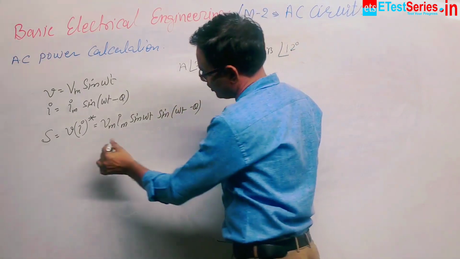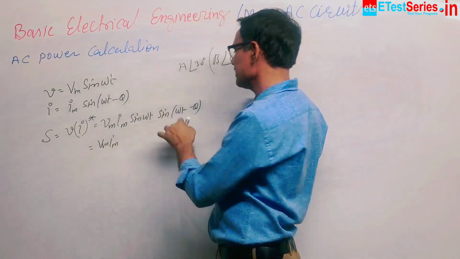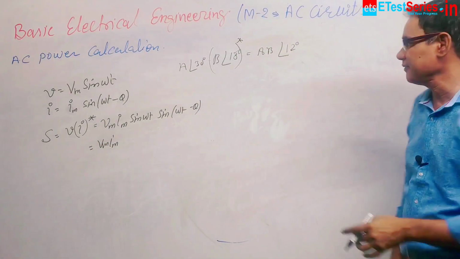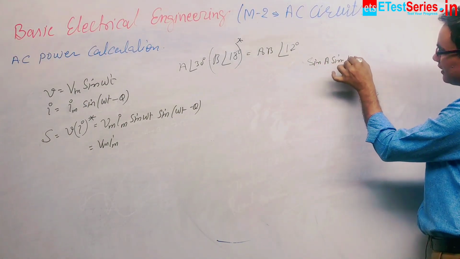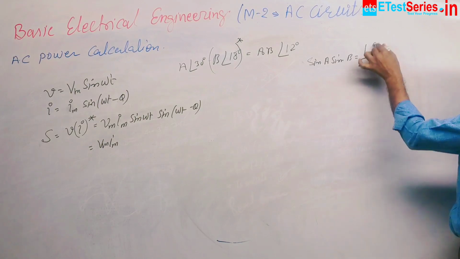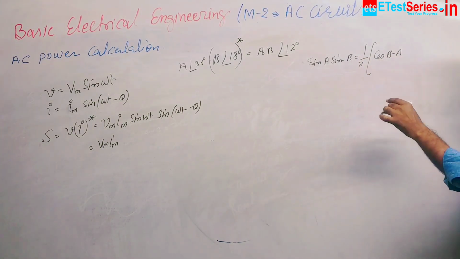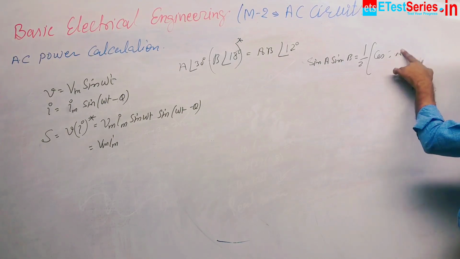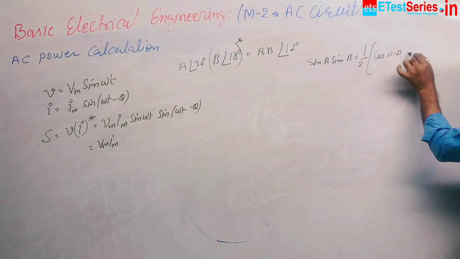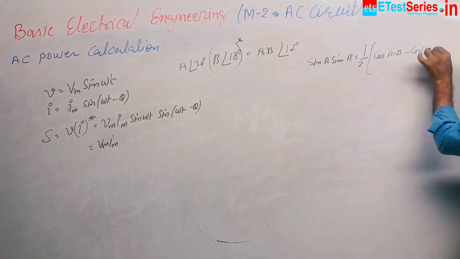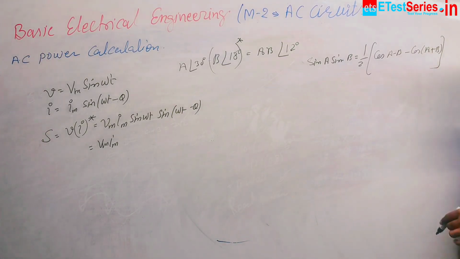So it is equal to Vm Im sine A sine B. This is the formula of sine A sine B. You know, sine A sine B is equal to 1 upon 2 of cos of A minus B minus cos of A plus B. So this is the formula.